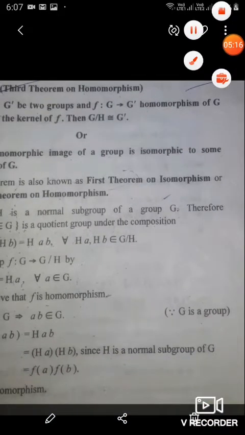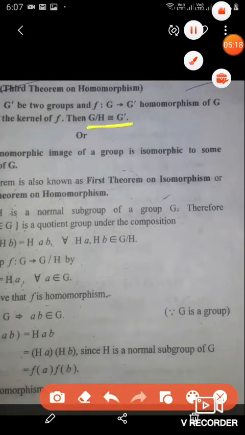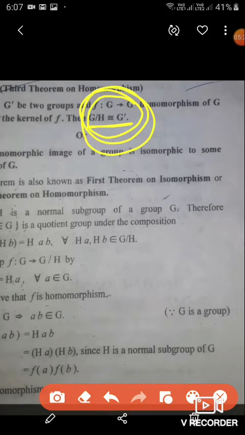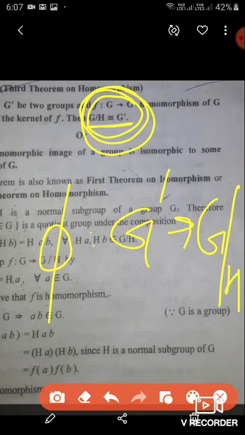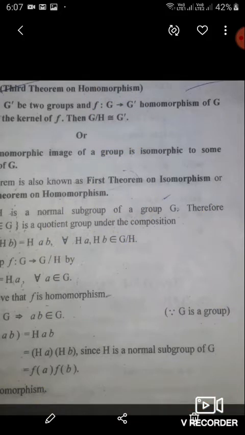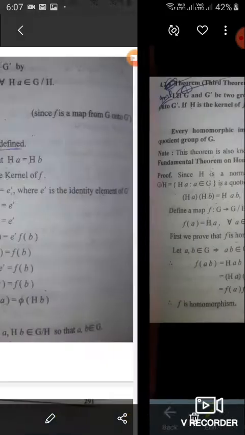Now we have to show that this is isomorphic. Now to prove this as an isomorphism, we have to consider a function. So here we will take a function phi from G dash to the quotient group.